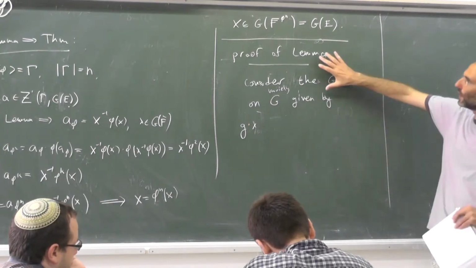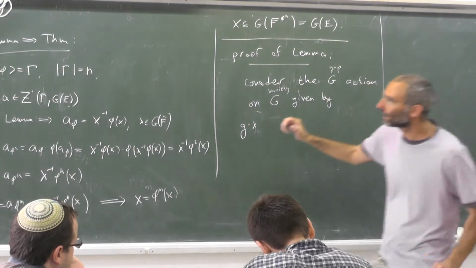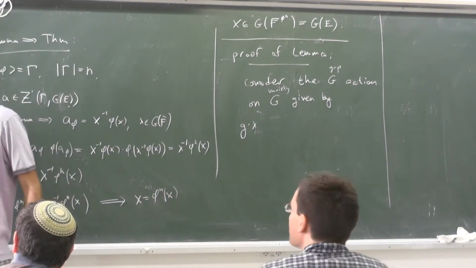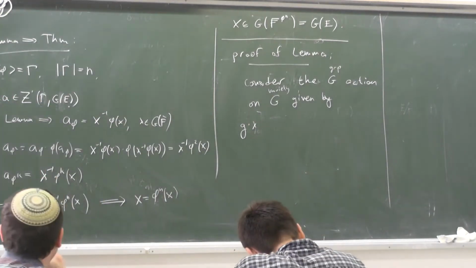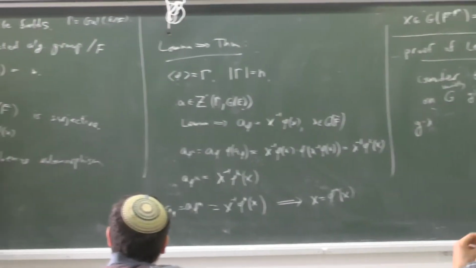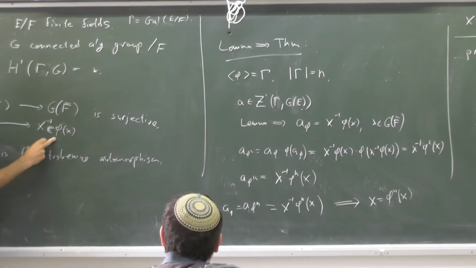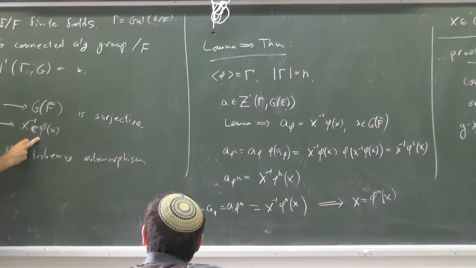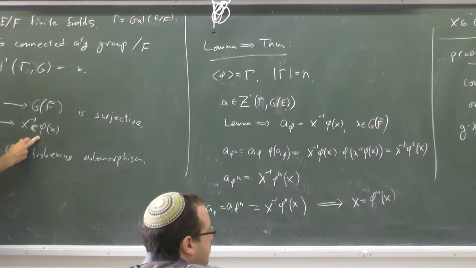Okay, now I'm in the proof of the lemma. I want to prove that this map is onto. Actually, I'm viewing this map as the orbit of the identity under a certain group action. So I'm letting G act on itself, but it will not be the standard conjugation action.